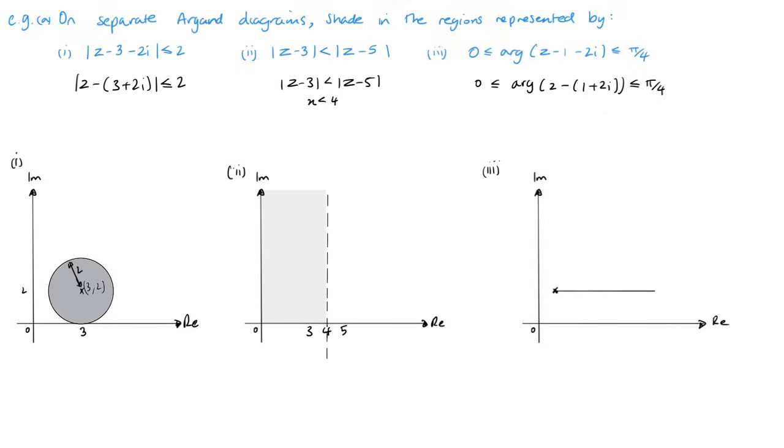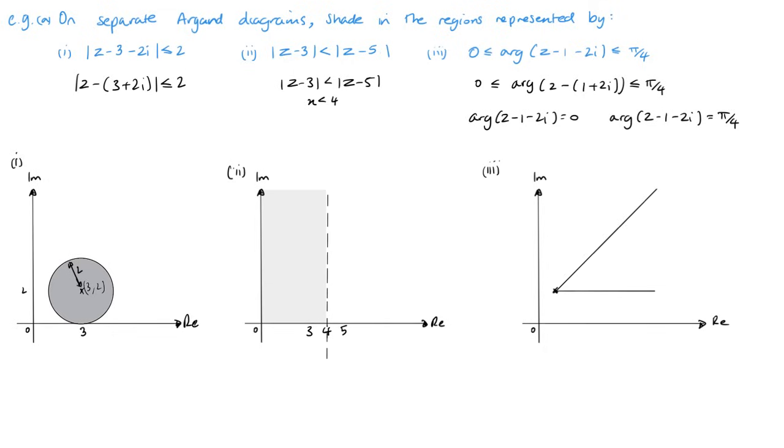Then I want to do when arg z minus 1 minus 2i equals pi by 4. So I've done arg z minus 1 minus 2i equals 0, and then I'm going to do arg z minus 1 minus 2i equals pi by 4. And then of course I shade what's in between them.